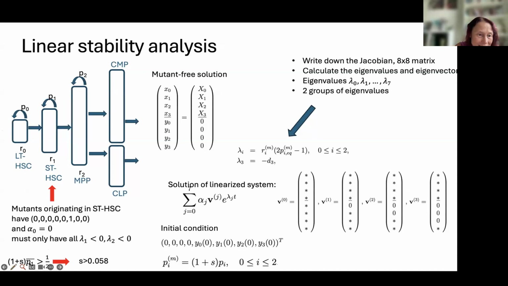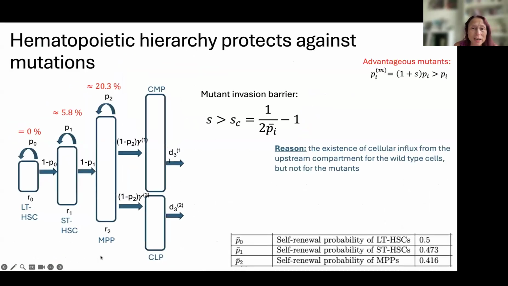for S for it to enable the growth. So this is 1 plus S, P1 should be greater than 1/2. And that means that S, and this is a measured value that's less than 1/2, S has to be greater than 0.058. And if I do it here, S has to be even greater. So we have something that is very unusual. We discovered the existence of invasion barriers for the mutant.